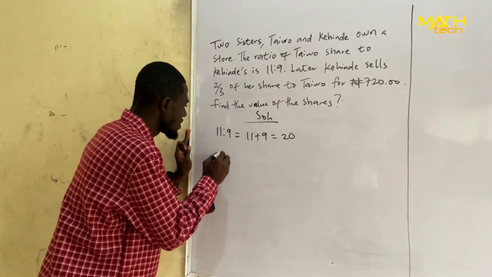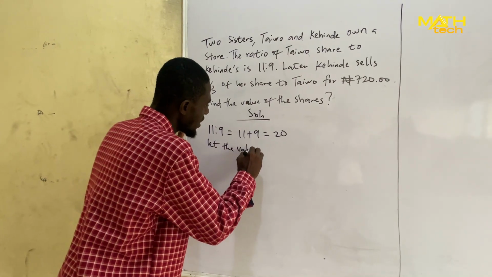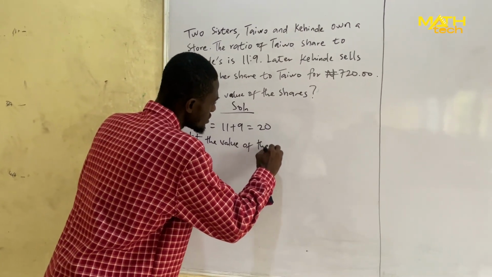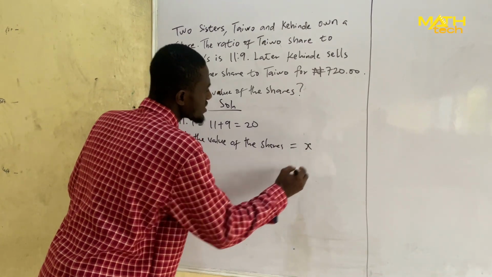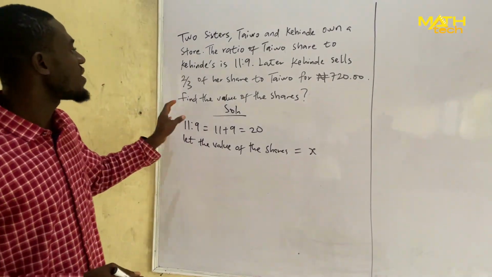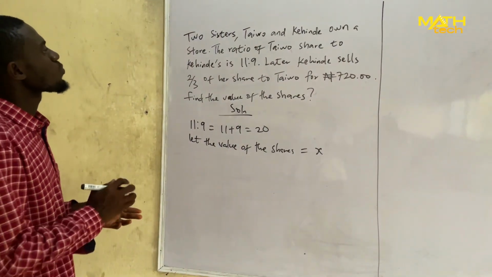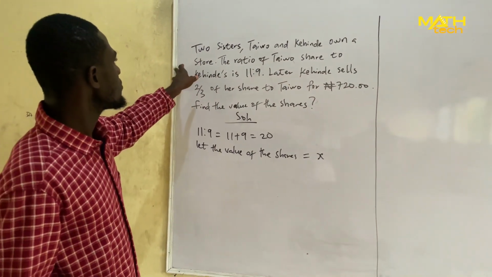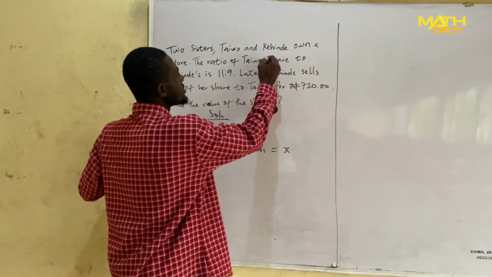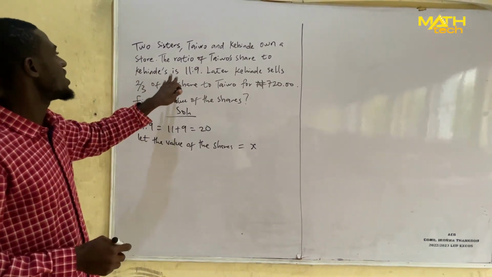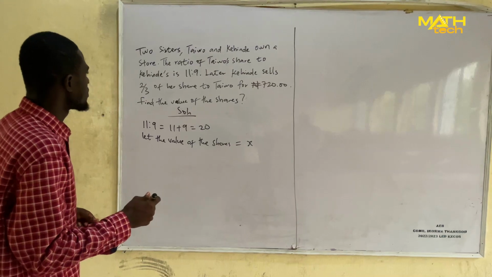Now, we start by saying, let the value of the shares equal X. So now, the value of the shares is unknown, which is X. Now, we are told that the ratio of Taiwo's share to Kehinde's share is 11:9.